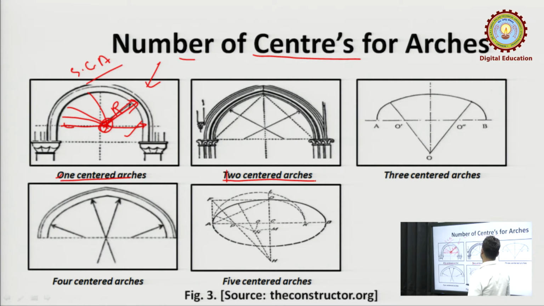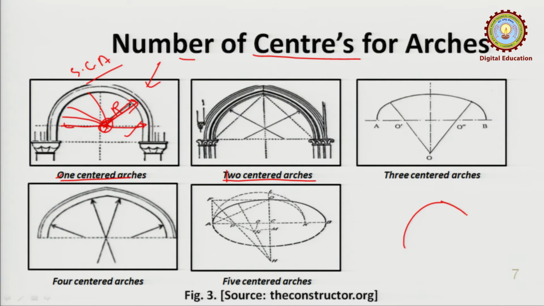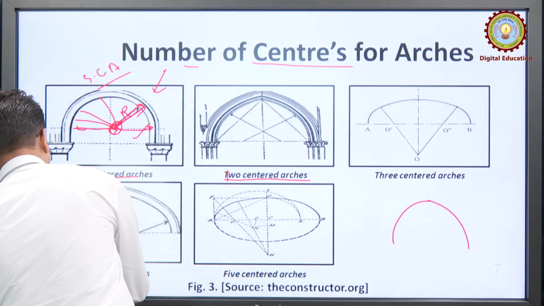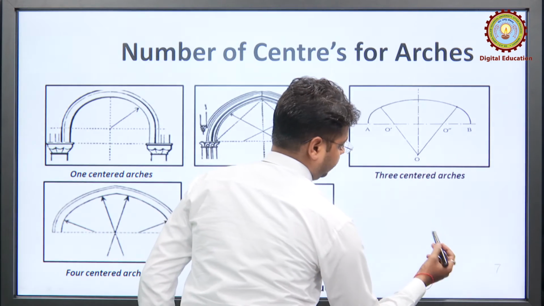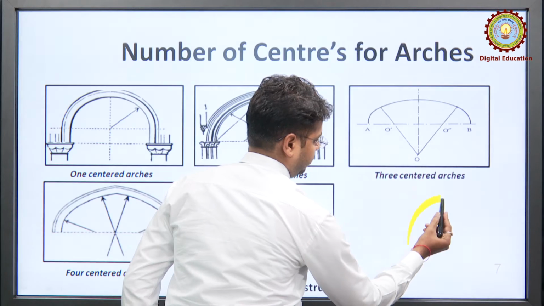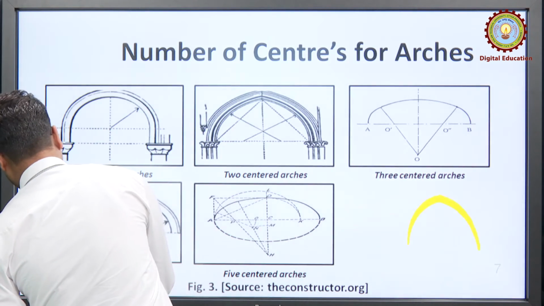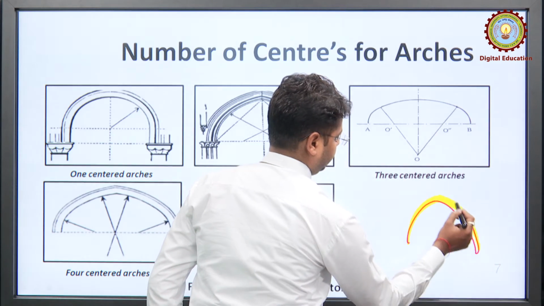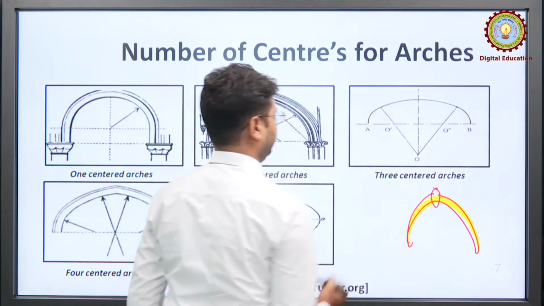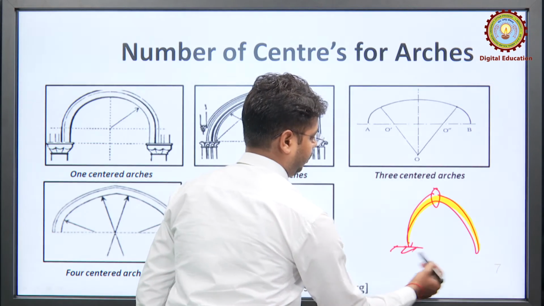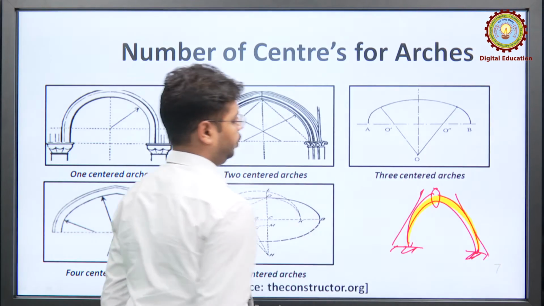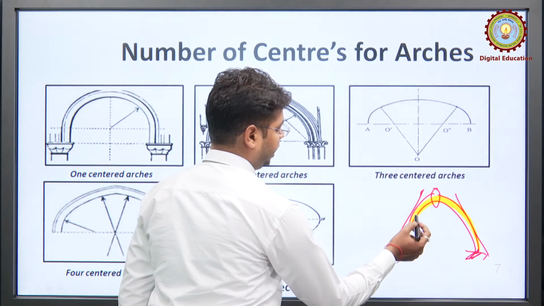How can we say that this is a two centered arch? For example, if we have an arch like this having a point on top, that means we are making this arch from two different curves.